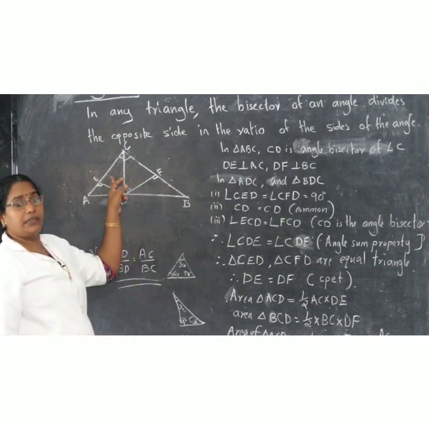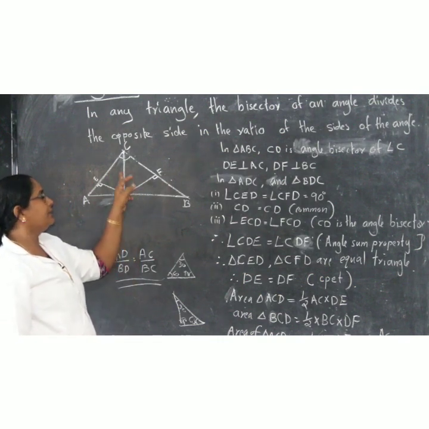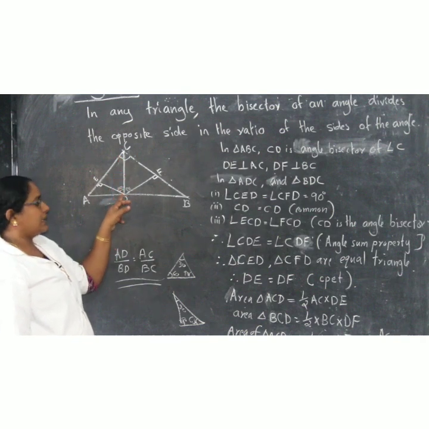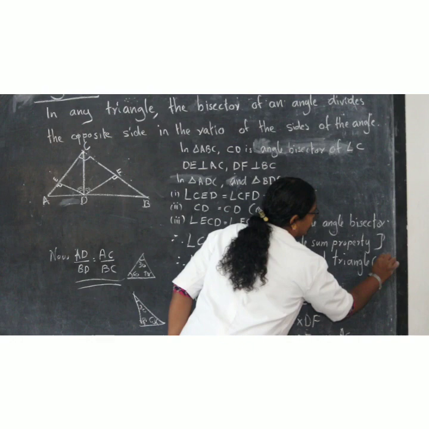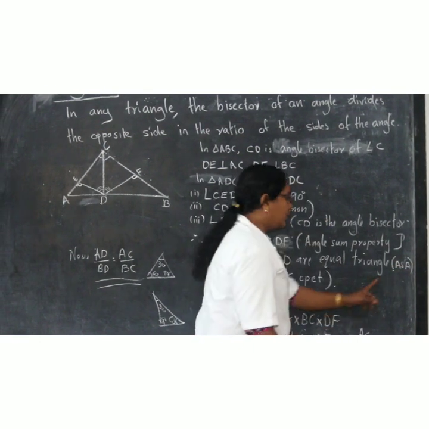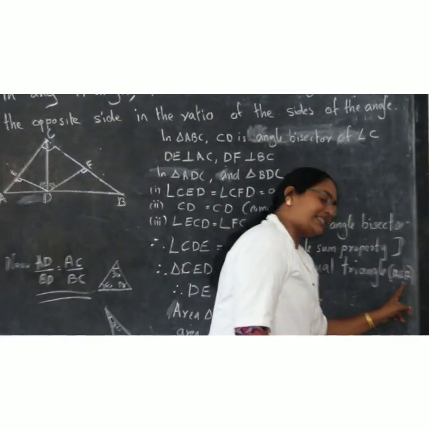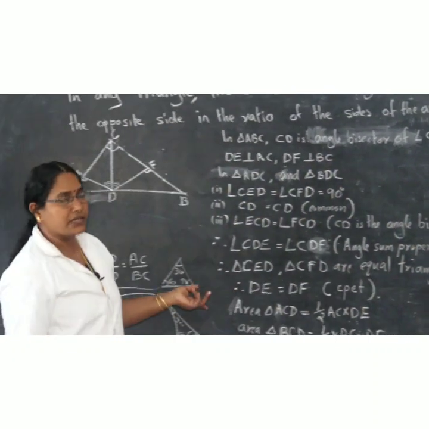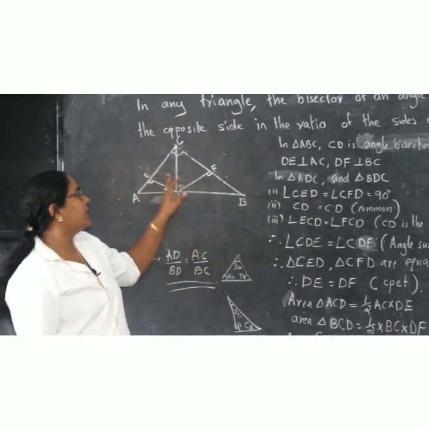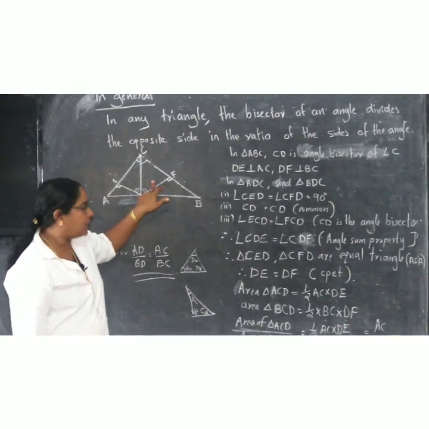Therefore, these two triangles are equal. Reason: ASA. What is ASA? Two angles and the included side are equal to two angles and the included side of another triangle. Therefore, the two triangles are equal.